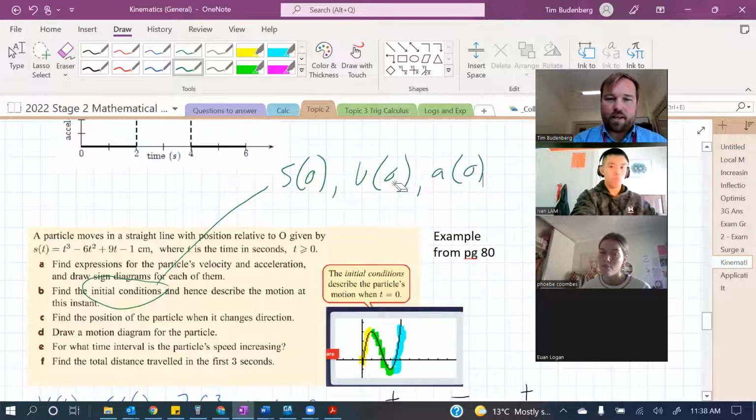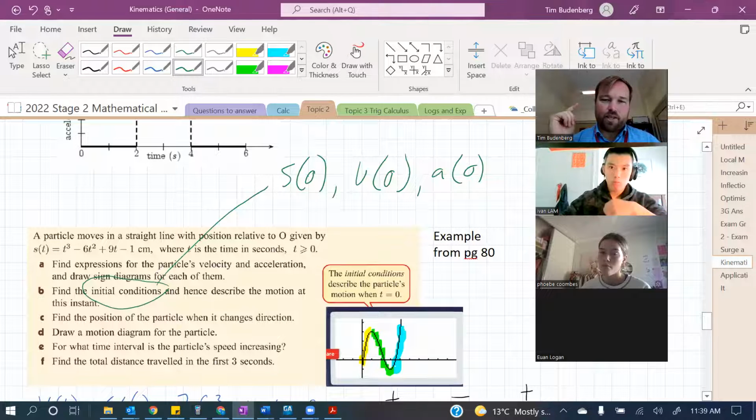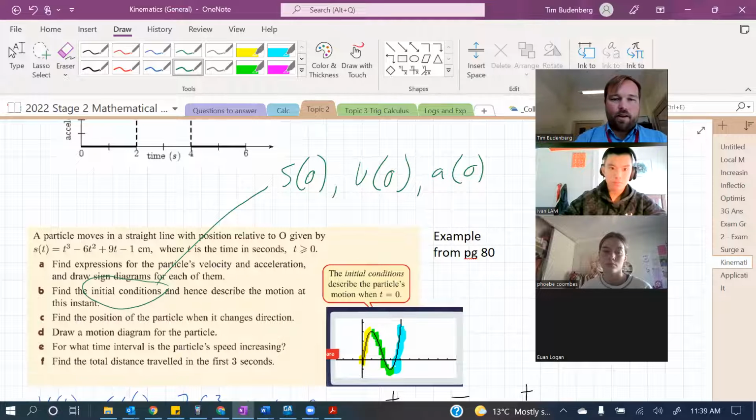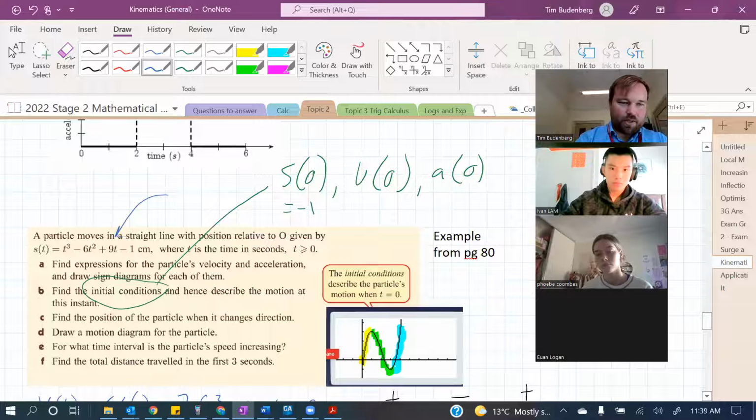They want you to find its displacement, velocity, and acceleration at time equals 0. So S of 0 is -1. If you put in 0, you're just going to get the constant at the end, which is -1. And you can see that on the graph, it's down here.